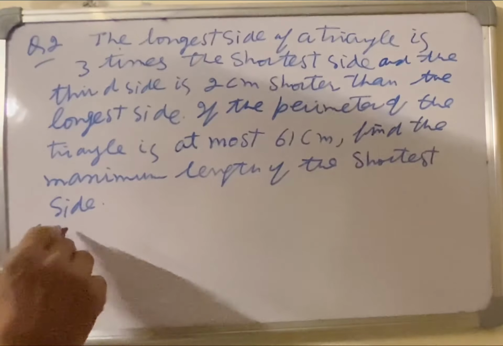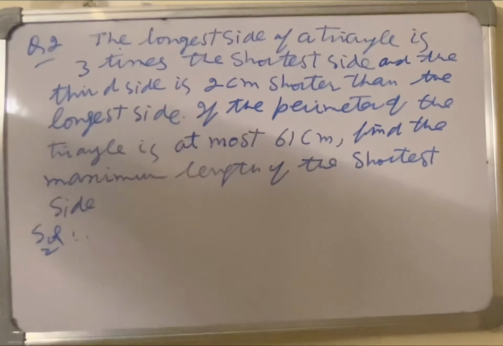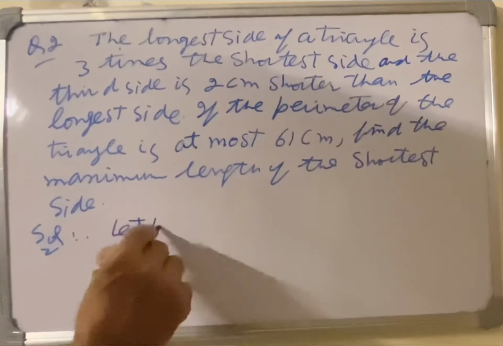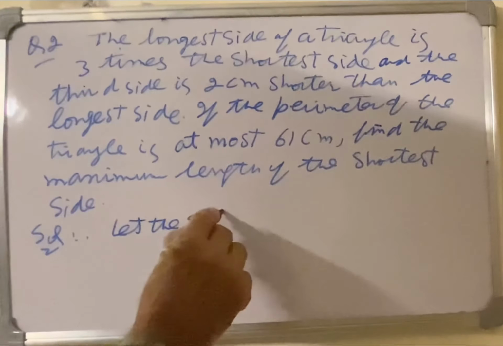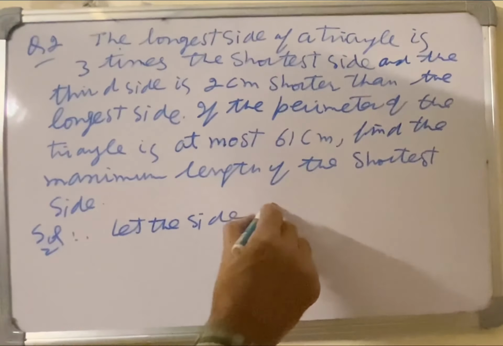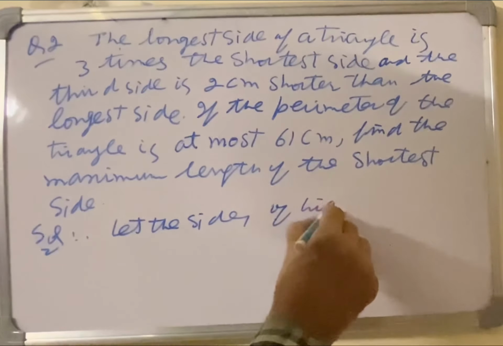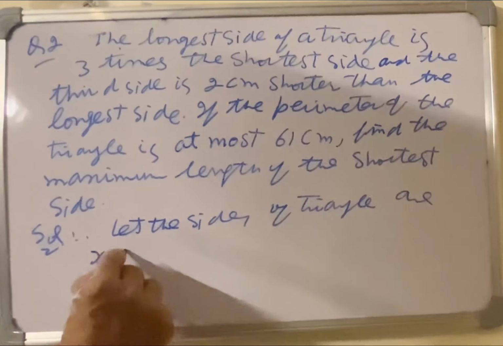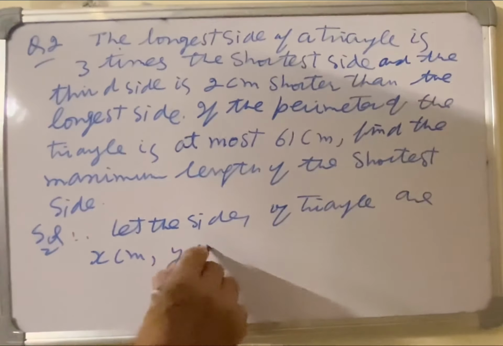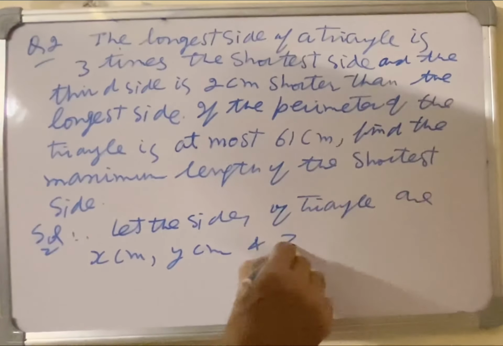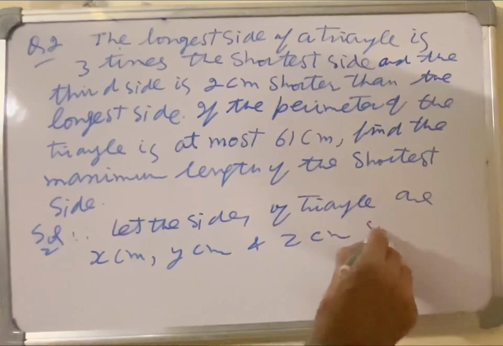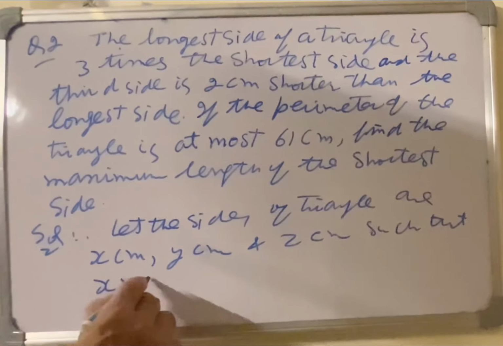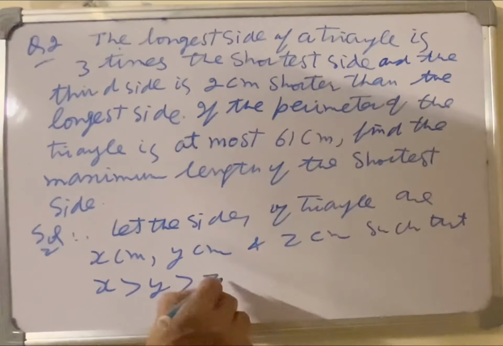Solution: let the sides of the triangle be x centimeter, y centimeter and z centimeter such that x is greater than y is greater than z.